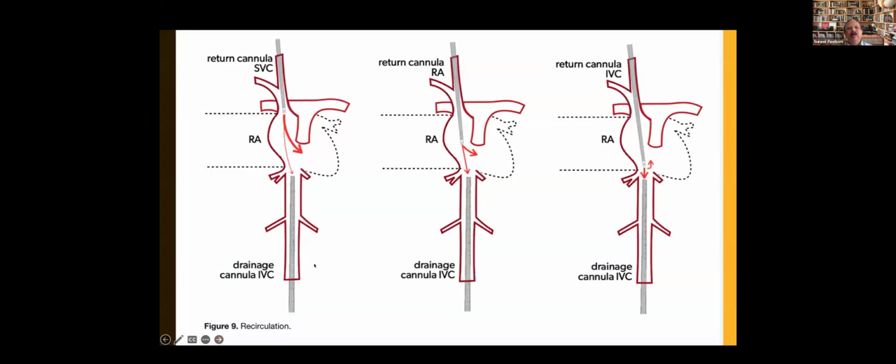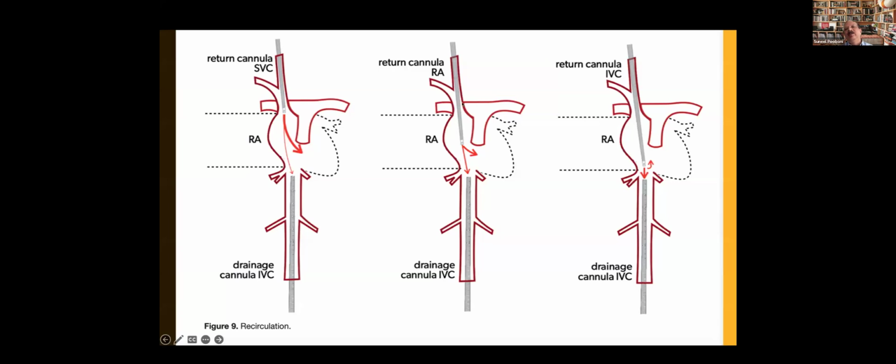And here this process is exemplified. Ideally, if the distance between the two cannulae is around 15 centimeters in adults, that is a desired distance that will minimize recirculation. So the blood is ejected from the returning cannula going through the right ventricle, and part of it is getting sucked in here, not a lot, part of it.